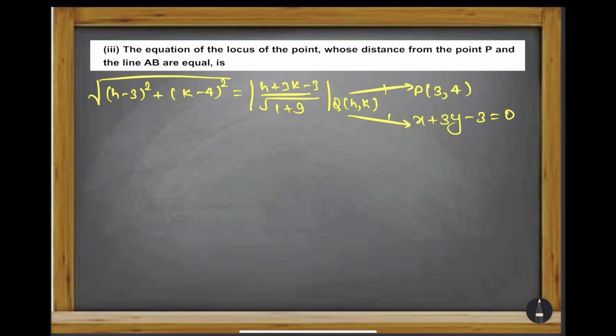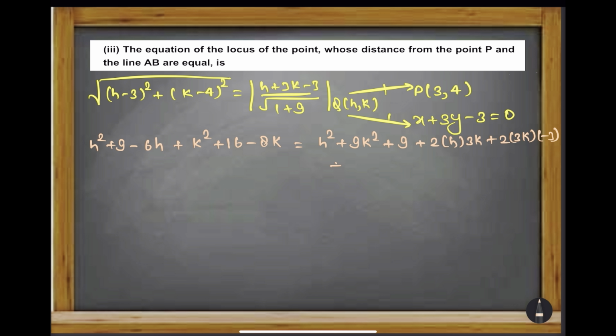Okay, so we got a square plus b square minus 2ab plus a square plus b square minus 2ab equals a square plus b square plus c square plus 2ab h 3k plus 2bc and plus 2 times ac, h minus 3, and then this will become 10.